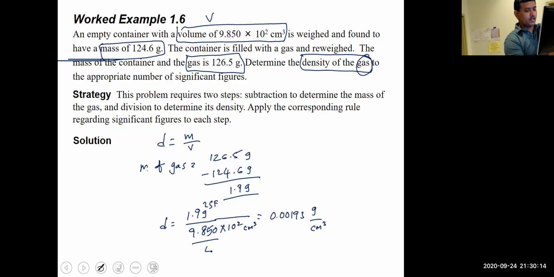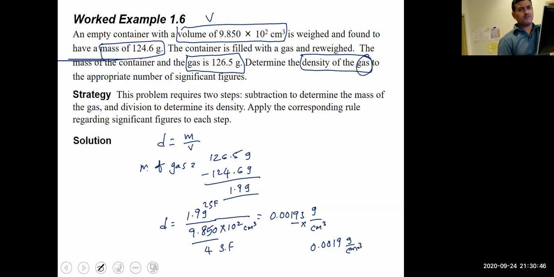How do you cut this short into just 2 significant figures? You keep these 2 numbers and you drop the 3. Since 3 is less than 5, you can simply drop it. So your final answer is going to be 0.0019 grams over centimeter cubed.